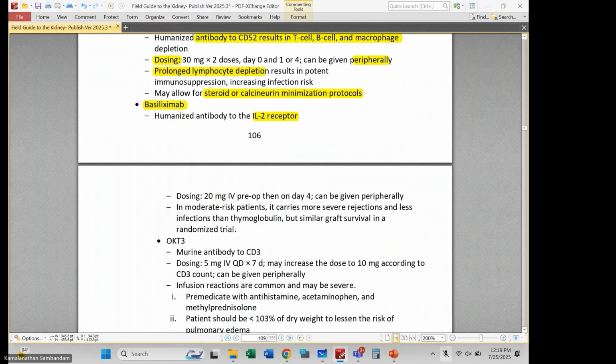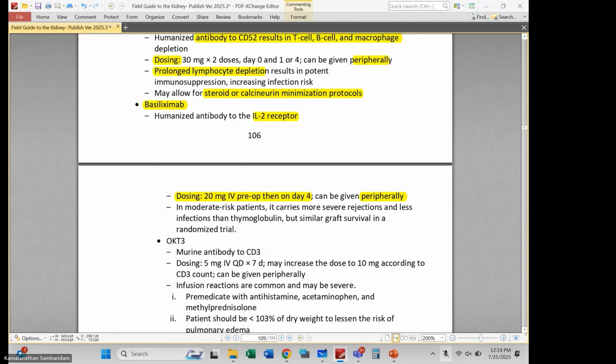Okay, so you would not use basiliximab in an individual who was, or a transplant that was deemed high immunologic risk. Okay, this is easy to dose, however, in terms of low rates of infusion reaction, can be given peripherally.